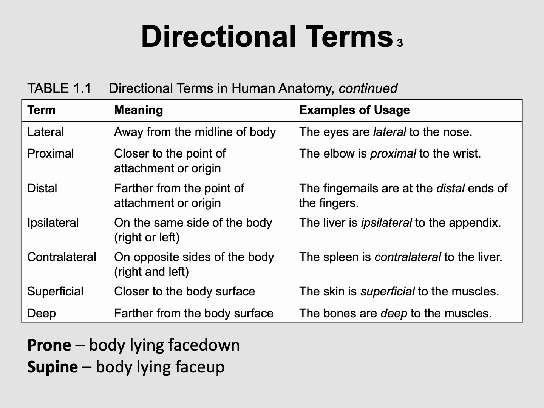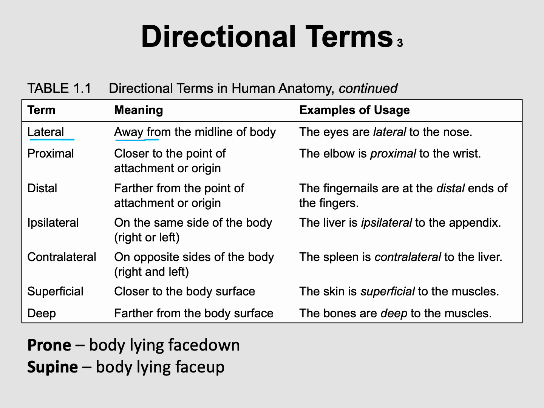The opposite of medial is lateral, which means away from the midline of the body. So the eyes are lateral to the nose in the example we have right here.